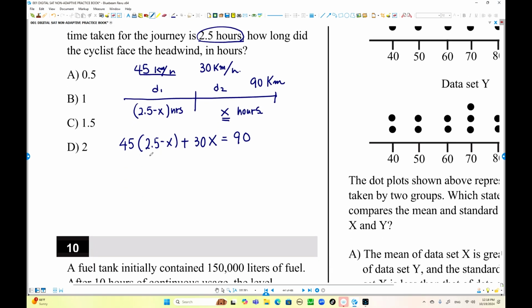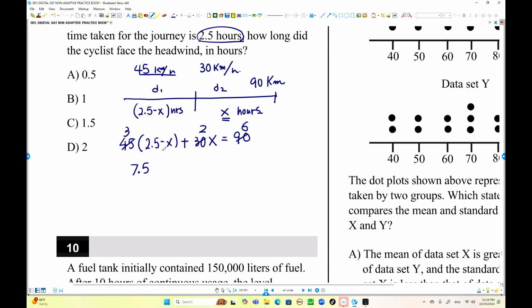You can use your calculator to find this, but I'm going to do it this way. 45, 30, 90 are all divisible by 15, right? So that is 3, this is 2, this is 6. Okay? So 3 times 2.5 is 7.5. Or you can use a calculator, it doesn't matter, okay? You can expand everything before you simplify.